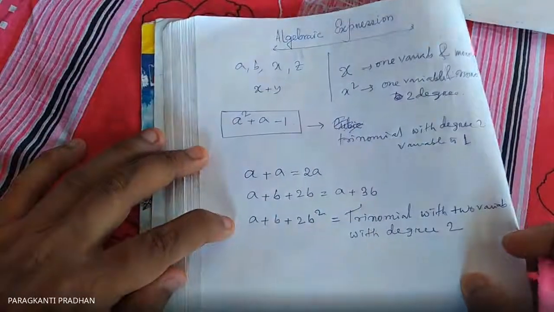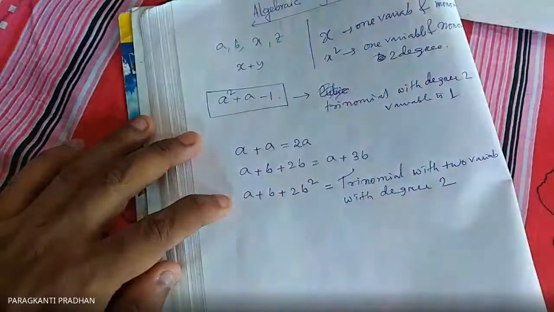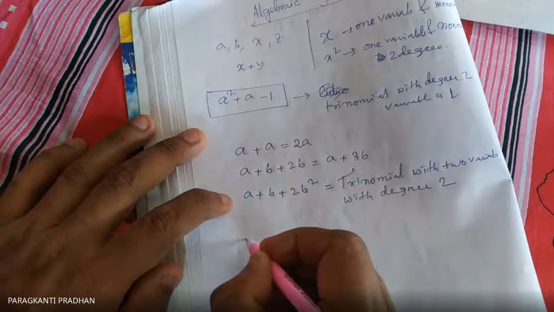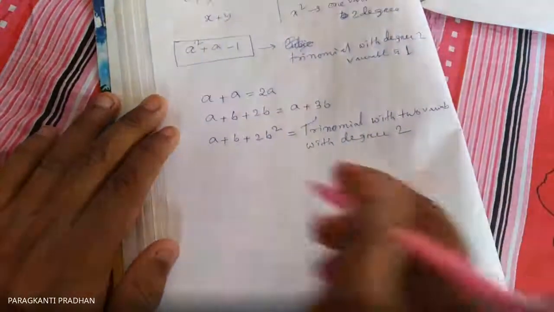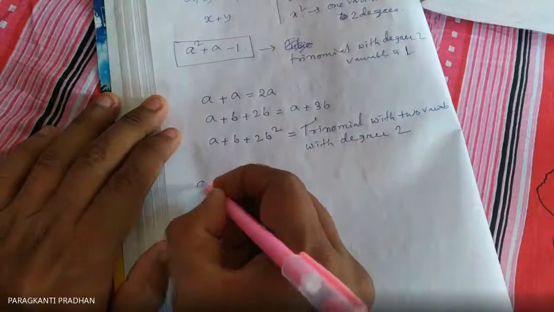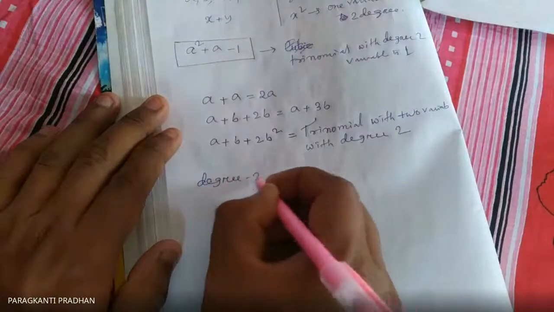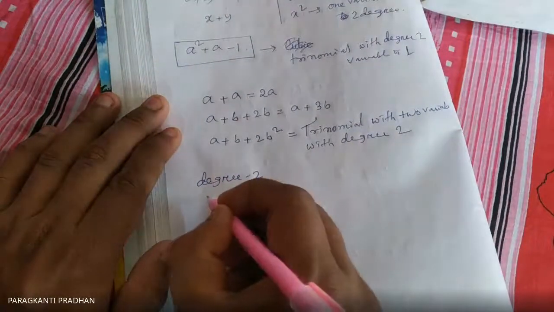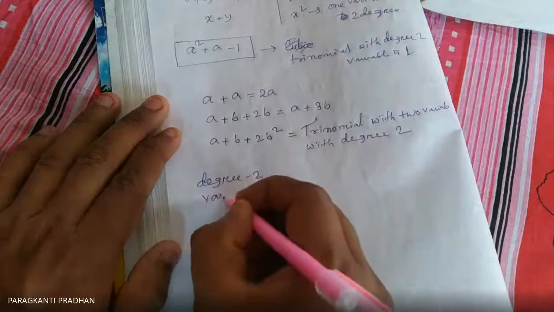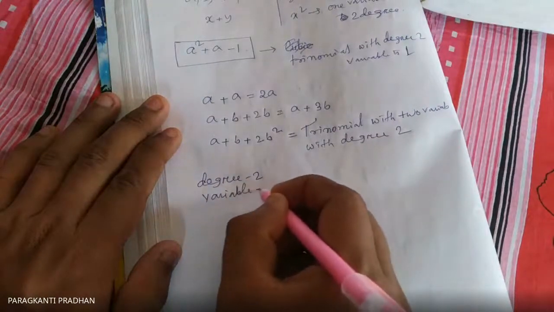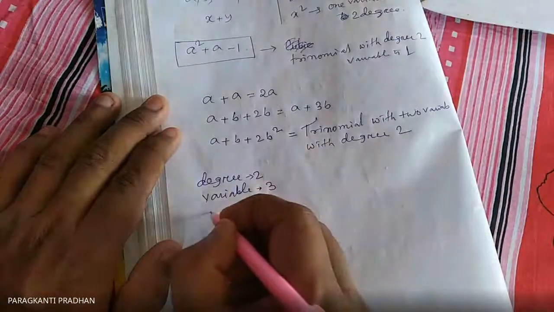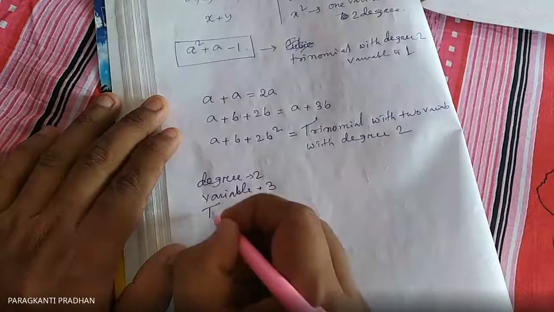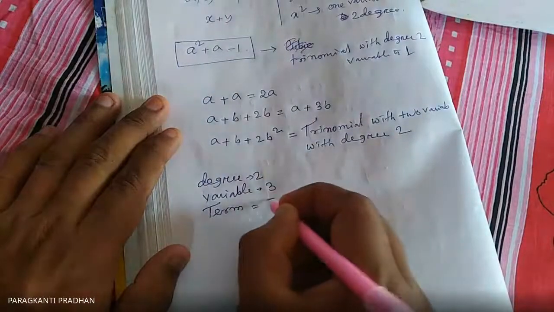Now I'm giving you one question: write an expression where the degree is 2, variables are 3 and terms are equal to 5.